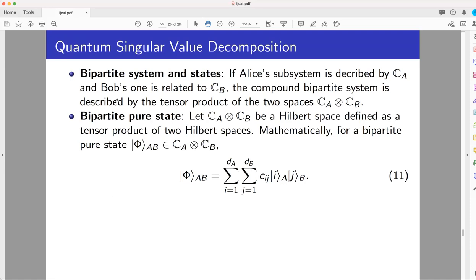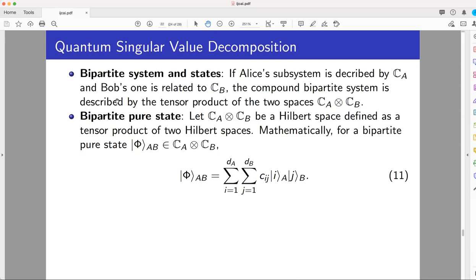The first side corresponds to Alice's observation. Alice's subsystem can be described by the first Hilbert space H_A, and Bob's is related to another Hilbert space H_B. The compound bipartite system can be described by the tensor product of the two Hilbert spaces.